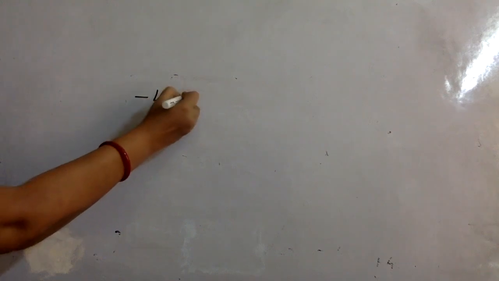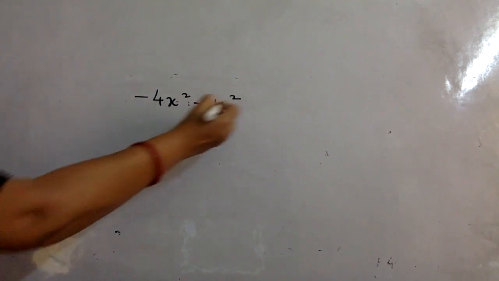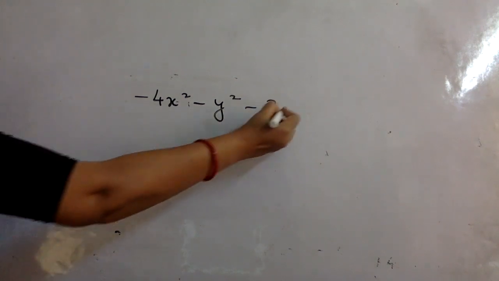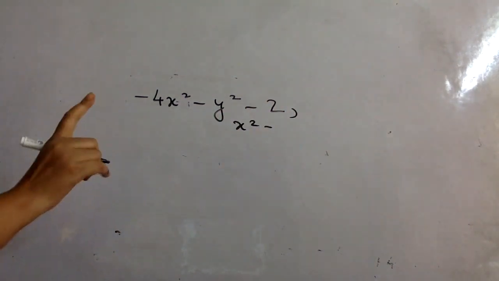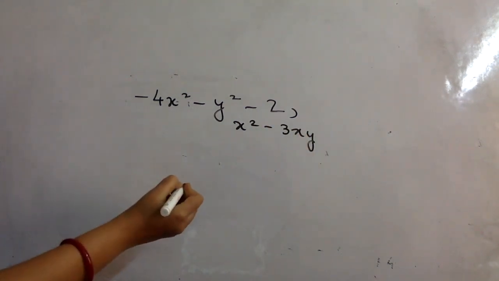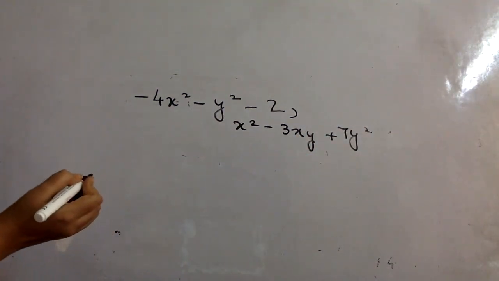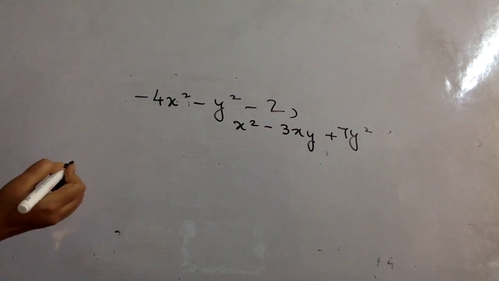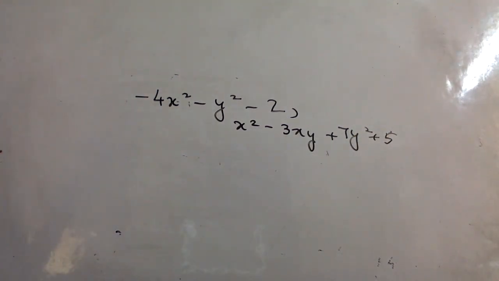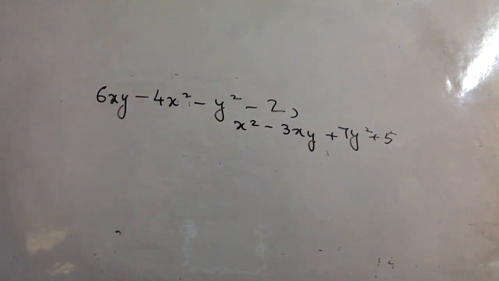Minus 4x square minus y square, okay, minus 2, and then x square minus, they haven't given it, they have given it to us horizontally, 3xy plus 7y square and plus 5. Okay, I think I missed a term here. 6xy. Okay. So this is my sum.